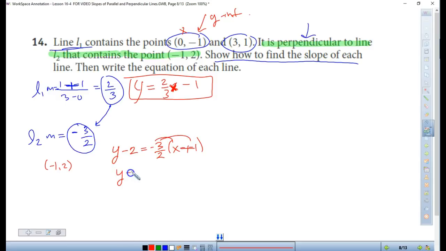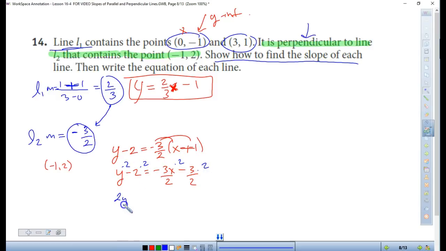Distribute, because we're usually going to put these in slope-intercept form, remember. So we'd have -3x over 2 minus 3 over 2. Now, when I go to add this 2 to both sides, if I don't want to add 2 to negative 3/2 and I freak out, I can clear fractions. They'll come back in the end, but I can clear them.